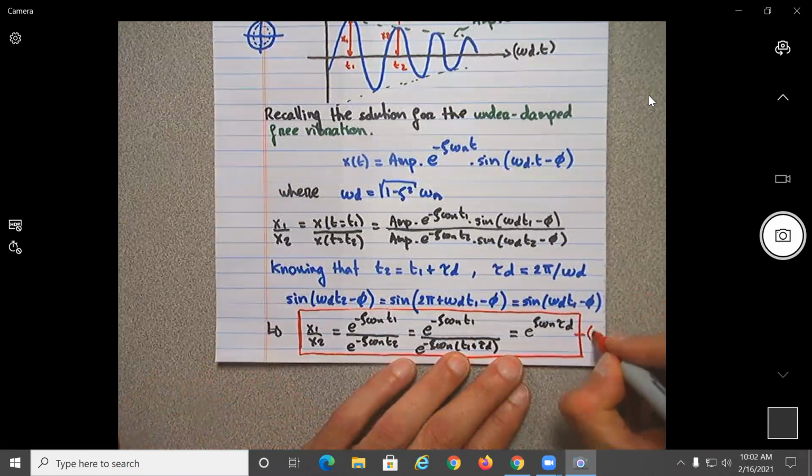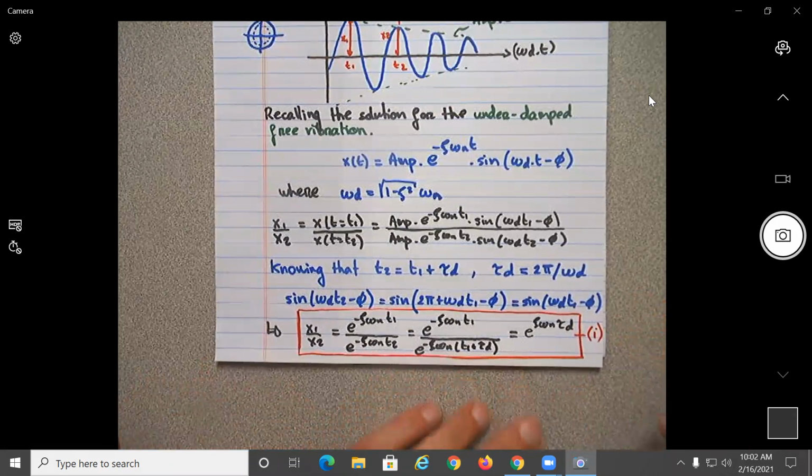Let me call this one Roman 1, because that way I don't have to write it. So this is just basic algebra.